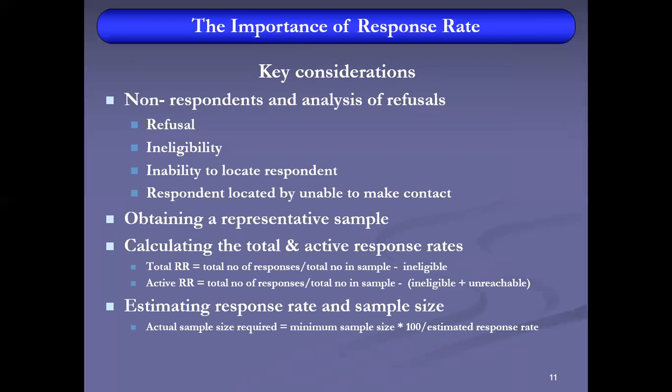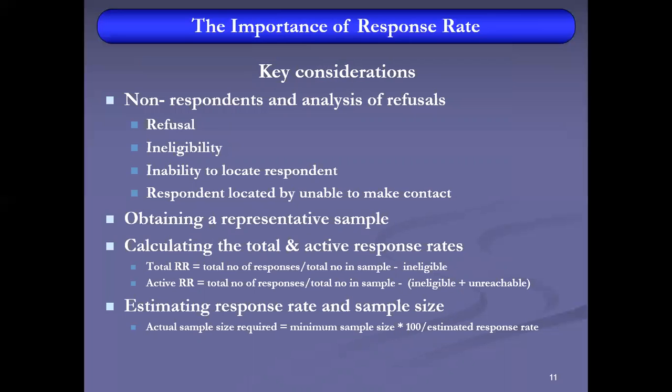For example, we need to collect data from female participants, and in our culture, females mostly try to avoid these types of things. Maybe the refusal rate is high in these studies.